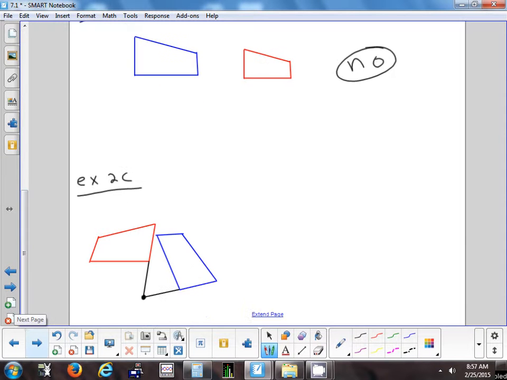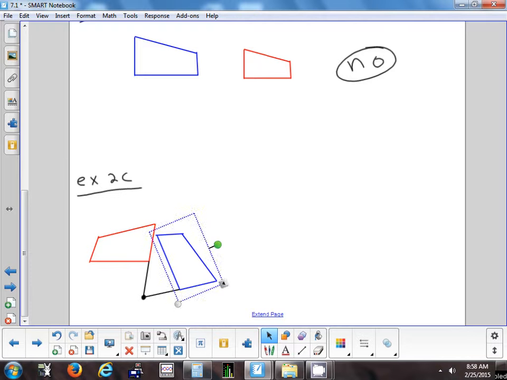Okay, how about this one? What do you think? Does that look like an isometry? Well, yes, but no. Well, it can't be both. It looks longer?